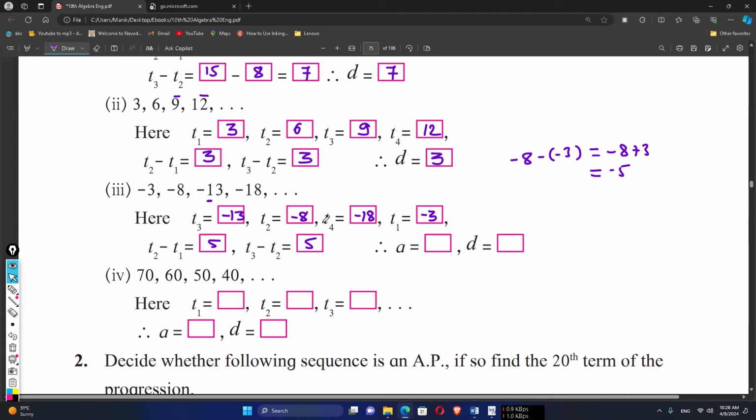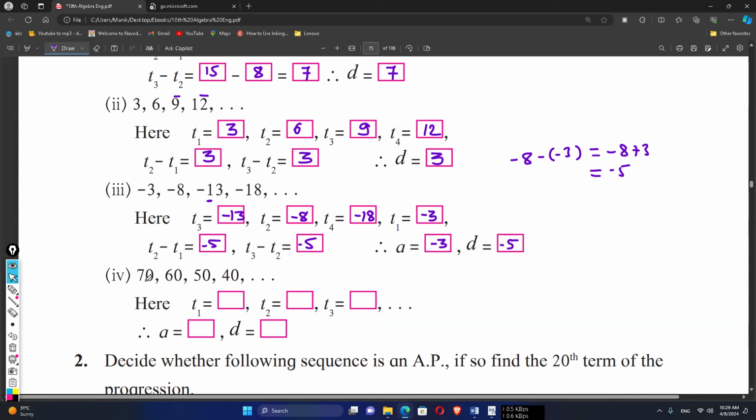Here the first term, that is a, is -3. And the common difference, as we have found here, is -5. Okay, now let's move on to the problem number 4, or activity number 4.